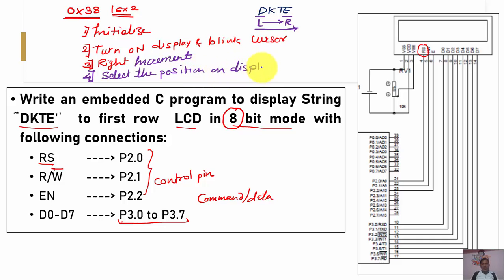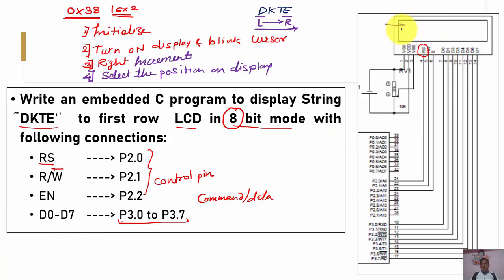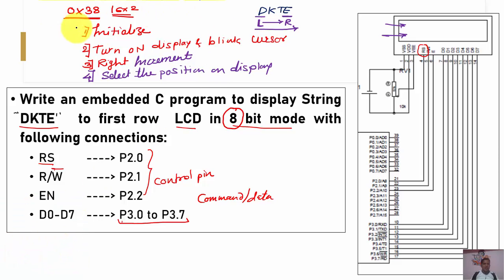To select the proper position, we go either to the first line or to the second line on this LCD. The associated commands are simple and straightforward. For initialization, first of all we send 38H; in embedded C we write this as 0x38.